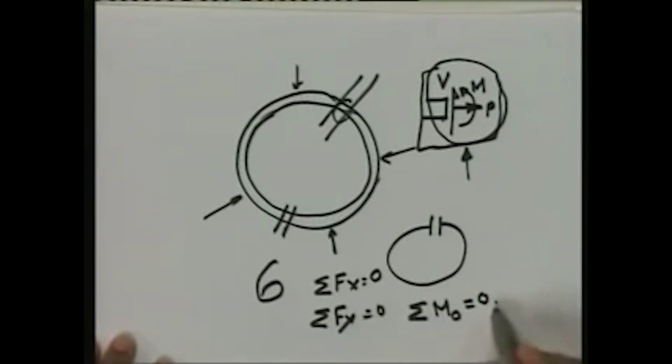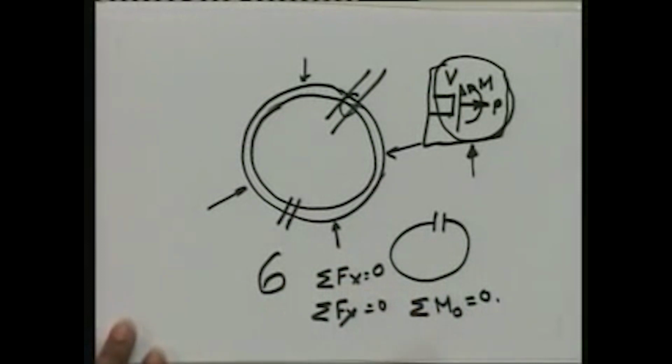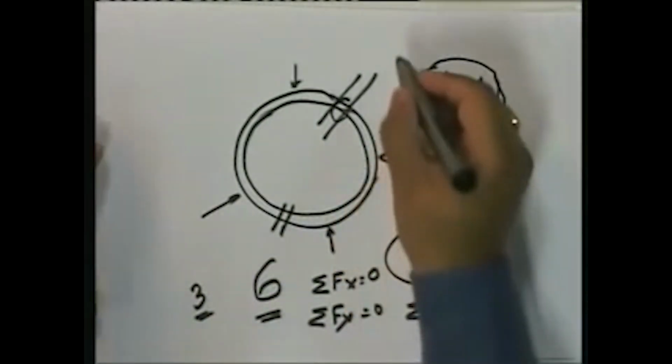These are the 3 equations of equilibrium. As soon as I release this and take a free body, how many unknowns? 6. How many equations? 3. What is the degree of static indeterminacy? Number of unknowns minus the number of equations of equilibrium. What is the static indeterminacy of this ring? 3.